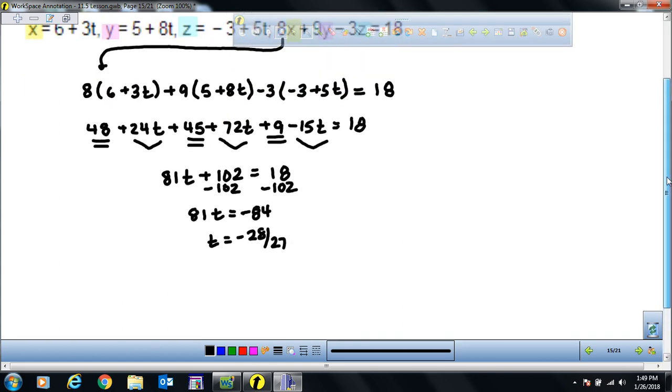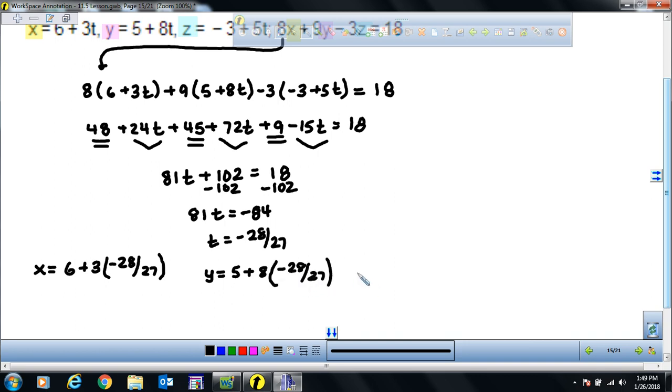So we know that x is going to be equal to 6 plus 3 times t, but t is negative 28/27. And y is going to be 5 plus 8 times t, but t is negative 28/27. And z is going to be negative 3 plus 5t, but t is negative 28/27.